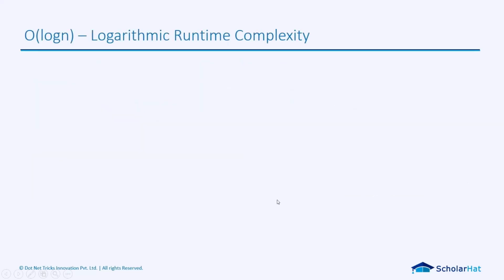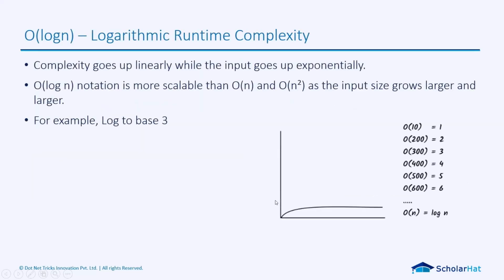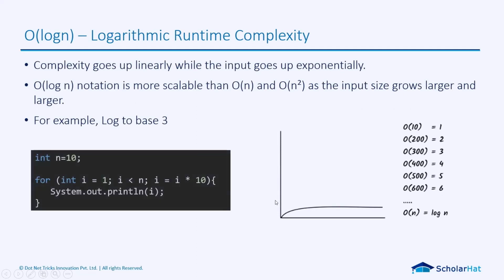Next up, O of log n, that is logarithmic runtime complexity. Complexity goes up linearly when the input goes up exponentially. You can see here, from here to here, it looks exponential, and after that it becomes more linear, right? O of log n notation is more scalable than O of n and O of n square as the input size grows larger and larger.